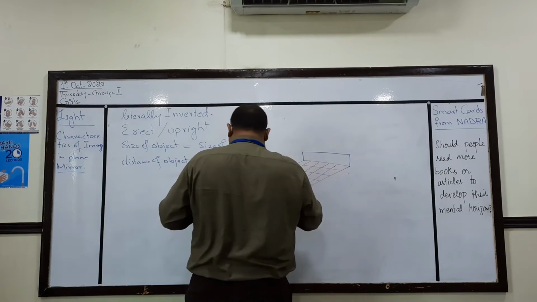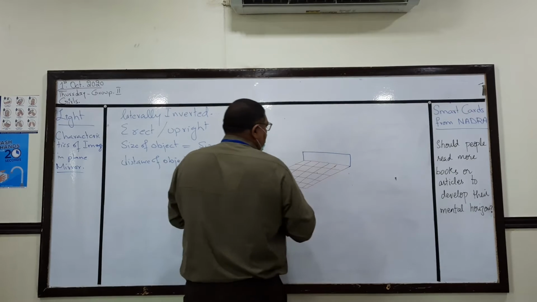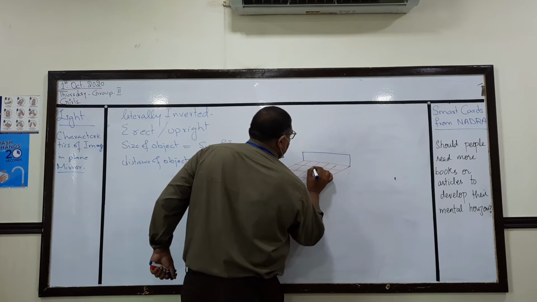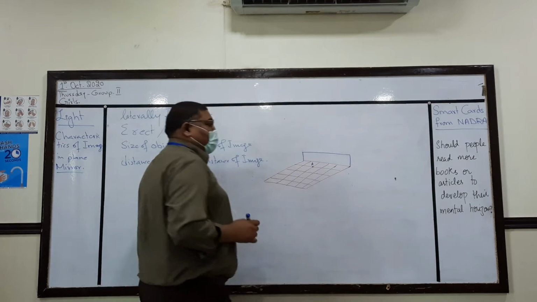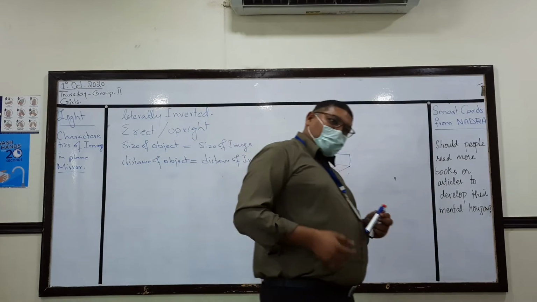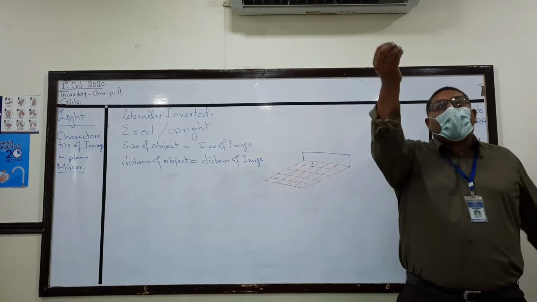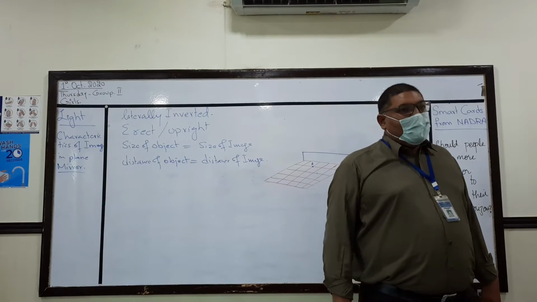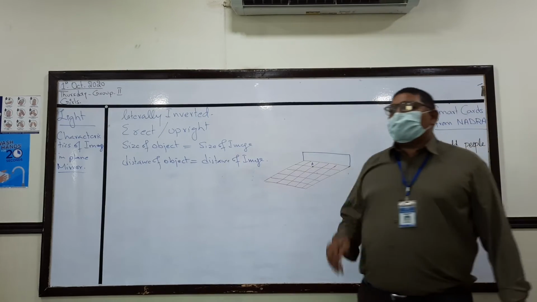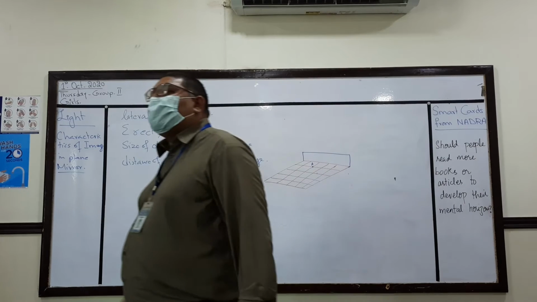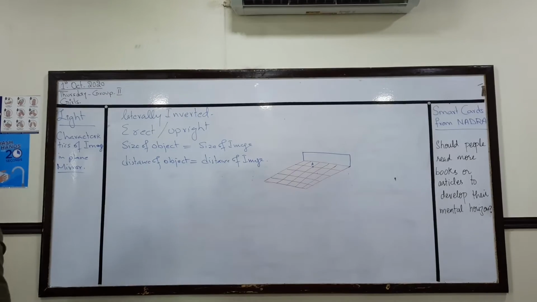Now, place a pin here and name it A. You can see that pin A is the object, and its perpendicular distance from the mirror is 1 centimeter.